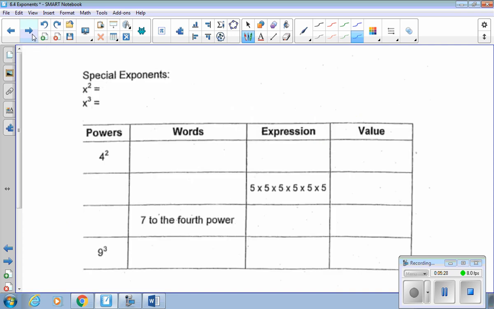Alright, before we start practicing, you just have some special exponent words. They're special because you see them more often than something like to the 8th power or 12th power. So if you had something that was squared, so 2 squared, I'm saying it instead of to the 2nd power, it's a special word that you have.